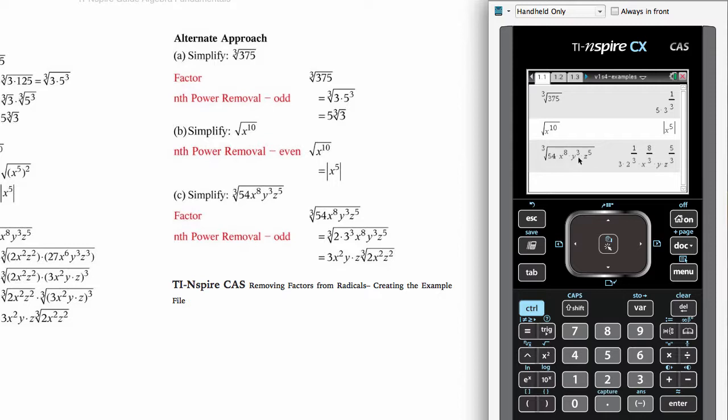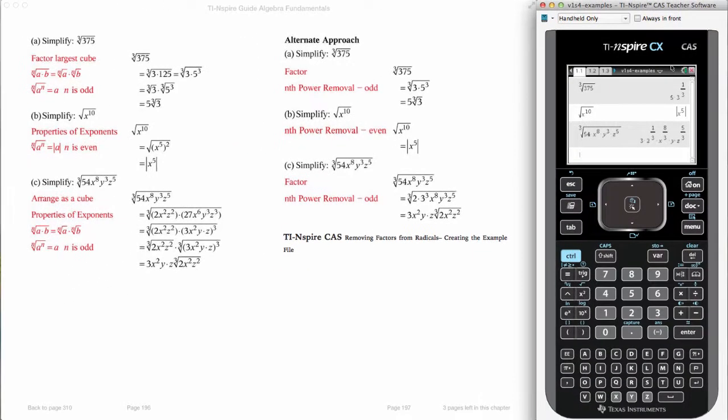Now on this problem, our calculator is not that helpful because it doesn't reduce the 8/3 and the 5/3. It does handle the 54 part for us because we have the cube root of 2 and 3. But the rest of it we will have to do manually, even on the CAS model.